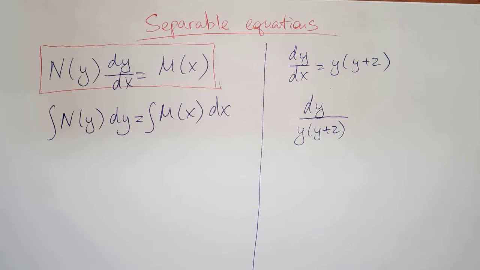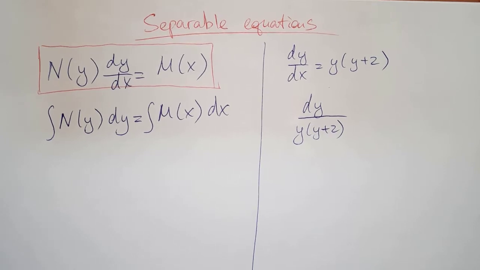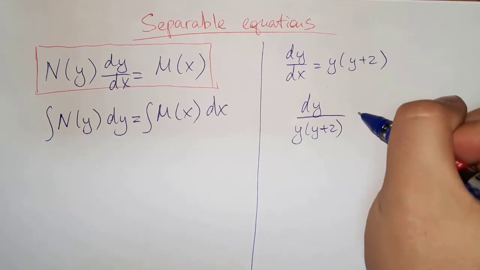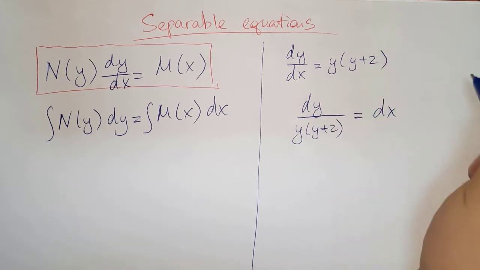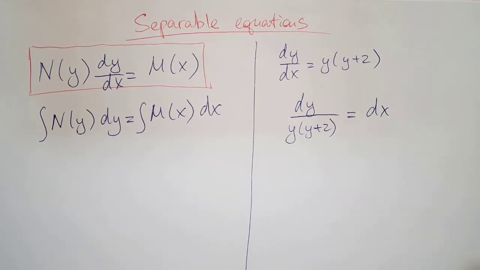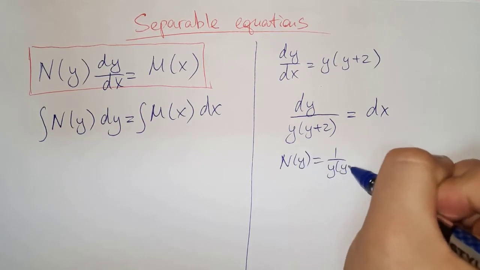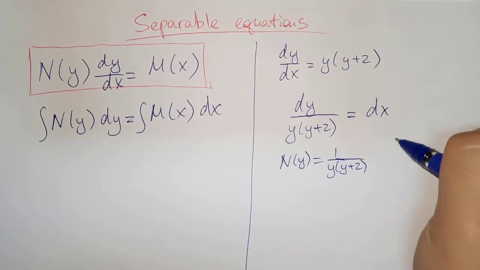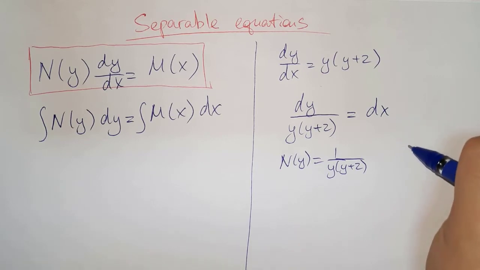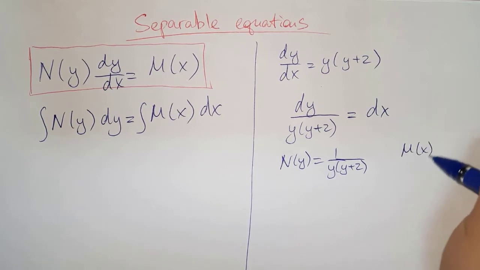So that's why we call it separable. Now here we have just dx, and our n of y is 1 over y plus 2, and our m of x is 1.